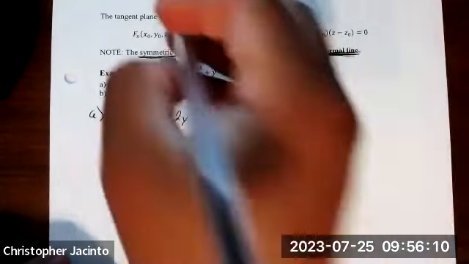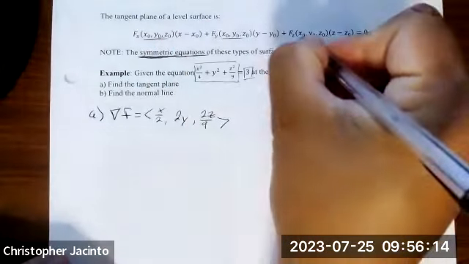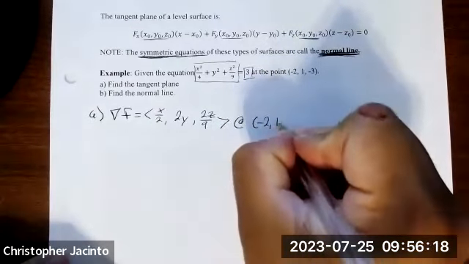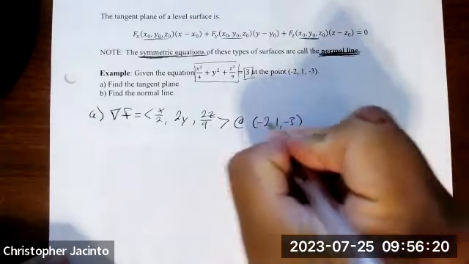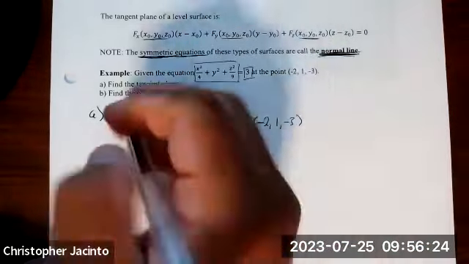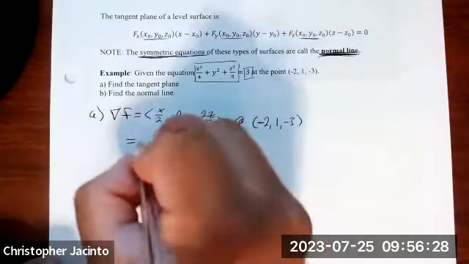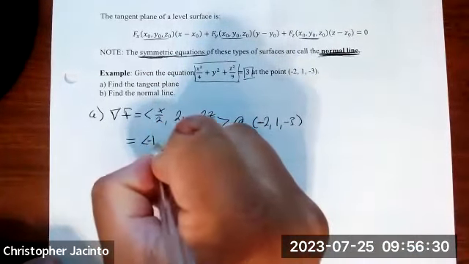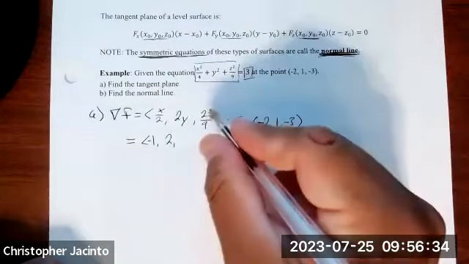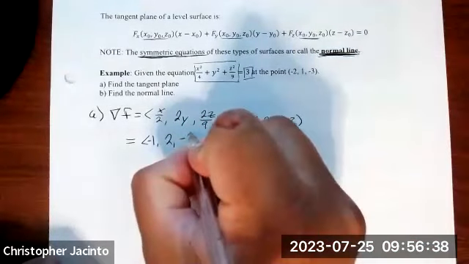Now remember, this is at the point itself. So we just plug in the point (-2, 1, -3). Simplifying, this gives us -1, 2, and the 3's cancel, so we just get -2/3.